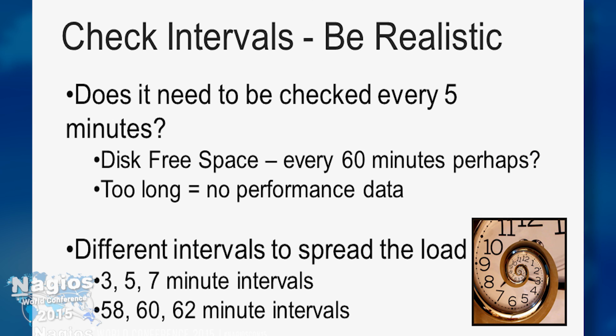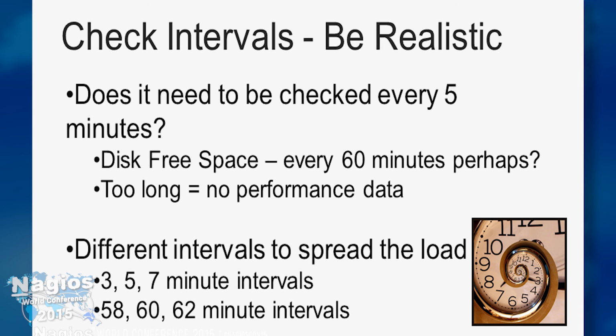With the check intervals, is it really important to check everything every 5 minutes? I mean, hard drive space is rarely going to run out within 5 minutes. You're going to know about that well ahead of time if you've got the right thresholds. So changing it to a larger interval like 60 minutes will make things much better. Things will perform better.